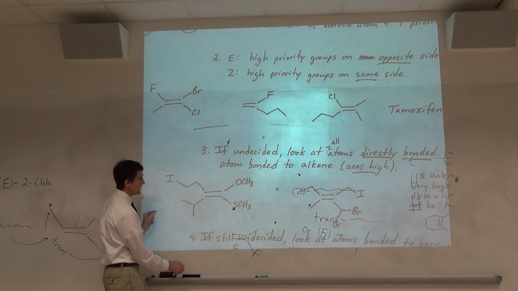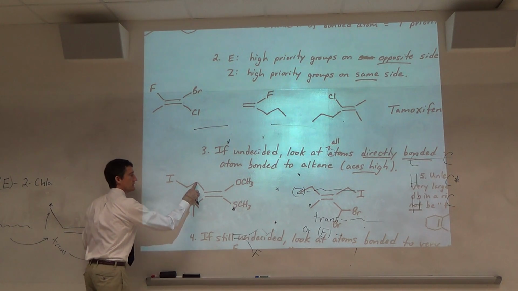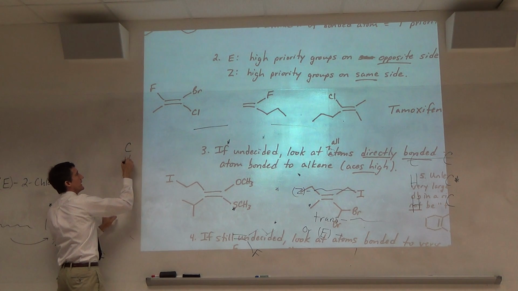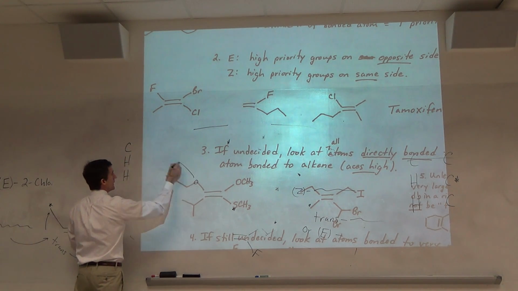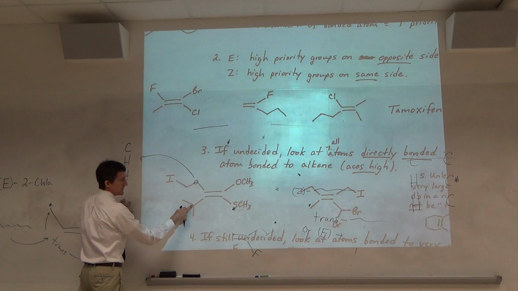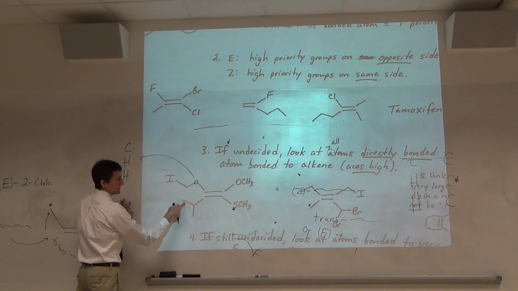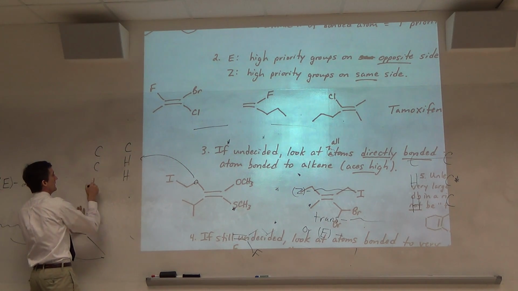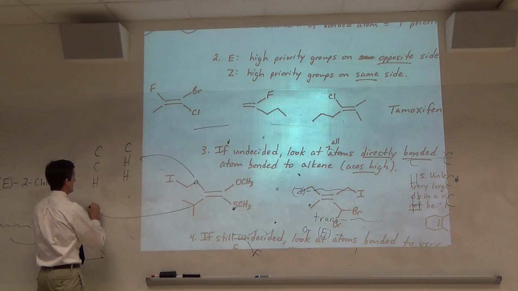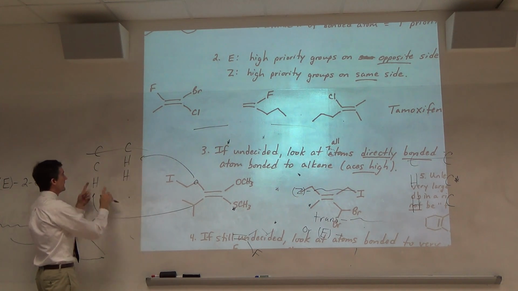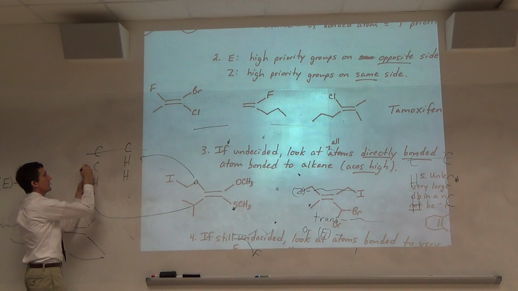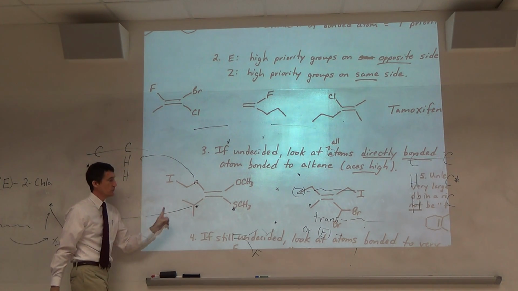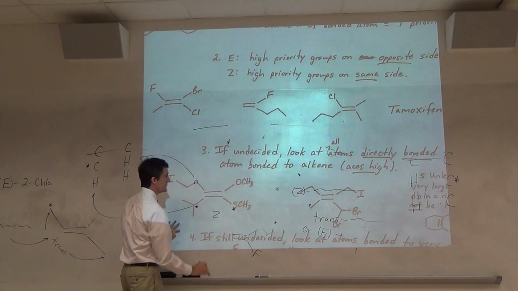No, we do it one step at a time. What is this carbon bonded to? We list the high priority group for carbon, H. What is this carbon bonded to? Carbon, H. Well, that didn't win. Right here we get a winner. This group wins. So what is it? Z.